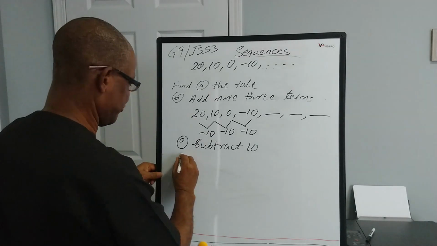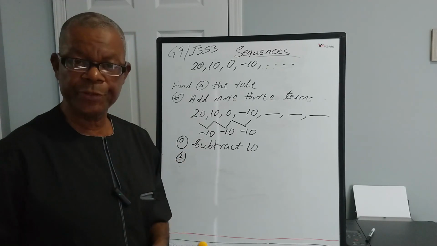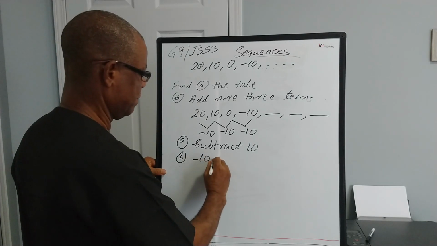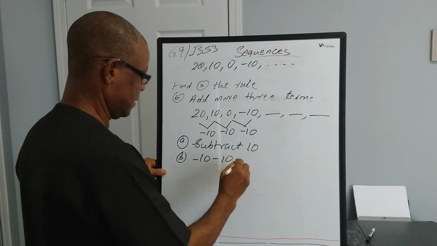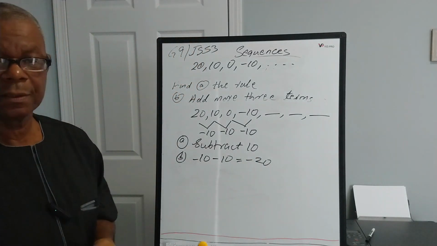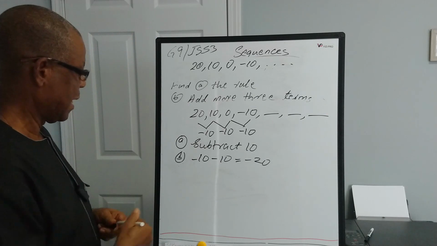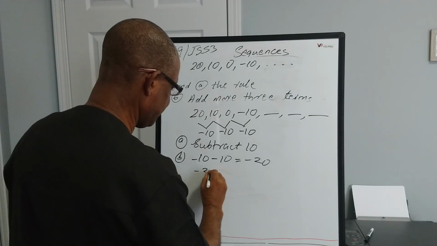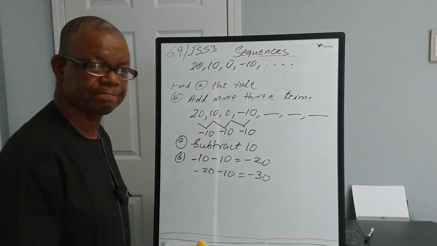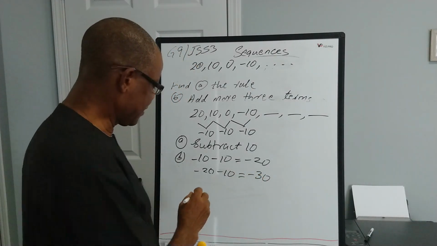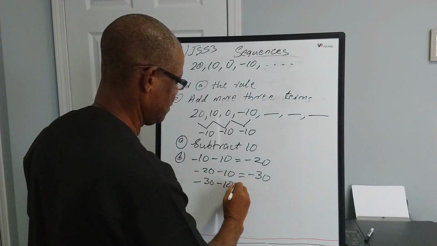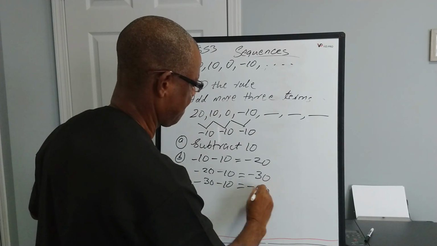And so for B, we now have minus 10, minus 10. That will give us minus 20. And then minus 20 minus 10 will give us minus 30. And minus 30 minus 10 will give us minus 40.